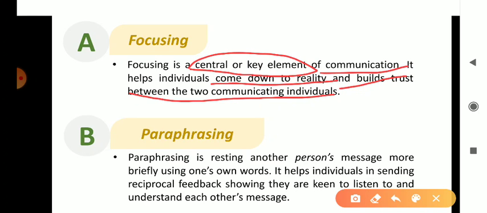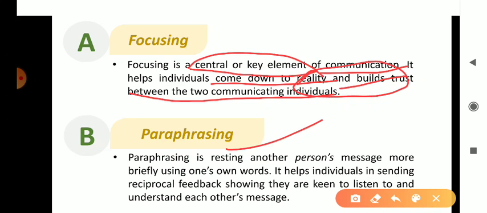If both persons who are communicating focus on what they are doing and what their purpose is in having the communication, they will be focused on their work. It helps individuals build reality and trust between them, and it helps to make the communication effective.